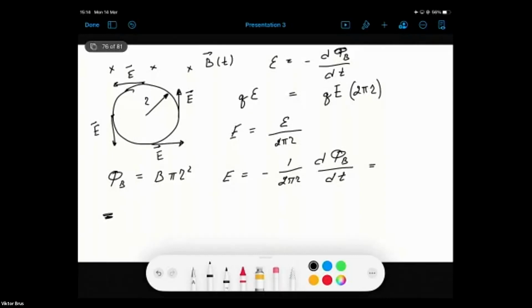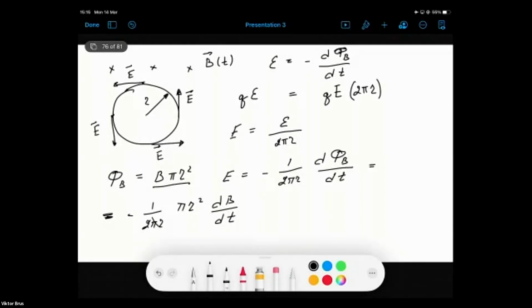Now if we substitute the expression for FB, for magnetic field flux, we will get the following. It will be minus 1 over 2 pi R, then we have pi R squared dB over dt. It's the first derivative of the function which describes the magnitude of magnetic field versus time.